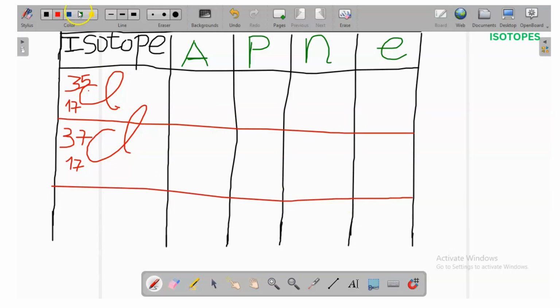Let us continue by completing this table. The mass number of chlorine here is 35.